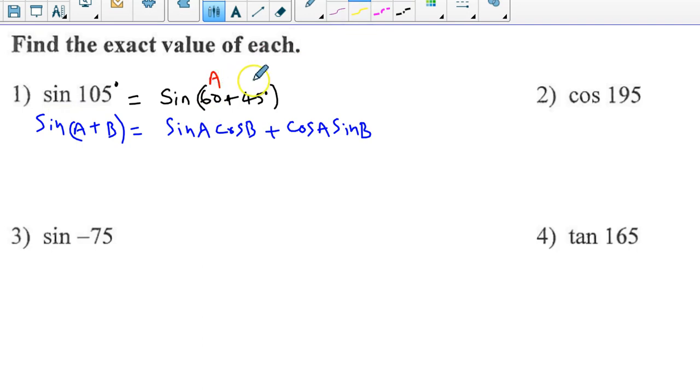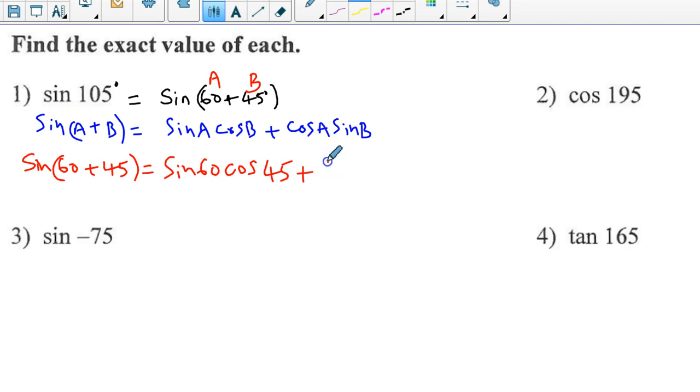Let us assume that it is A, and 45 is B. Alright, so now sine A plus B is rewritten as sine 60 plus 45 is equal to sine A, means it is sine 60 times cosine B, that is 45, plus cosine A, that is cosine 60, sine B. B is how much? That's 45.